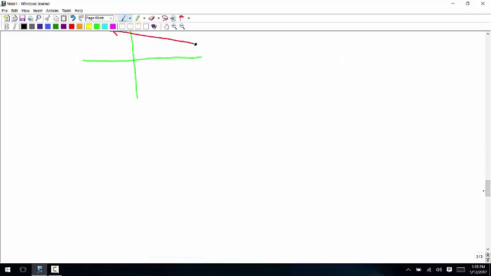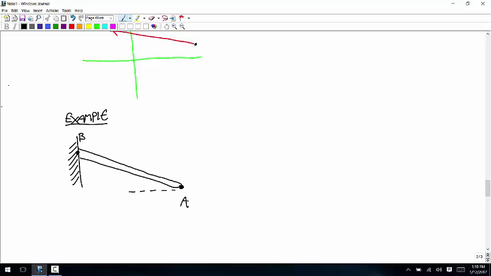Okay, this is the technique that is going to come up more often. So let's make it sort of a physical problem. Let's say we have a cantilever beam connected to the wall over here. This is the point B. This is the point A. Say that this angle is 30 degrees.